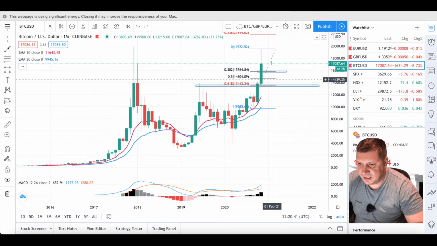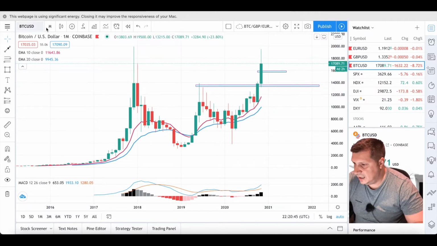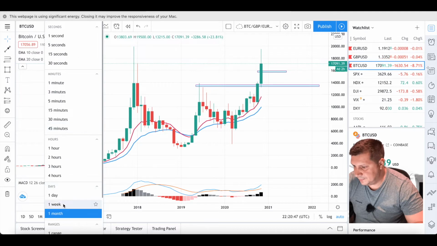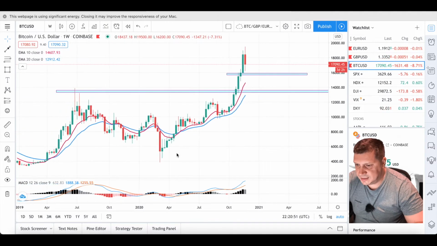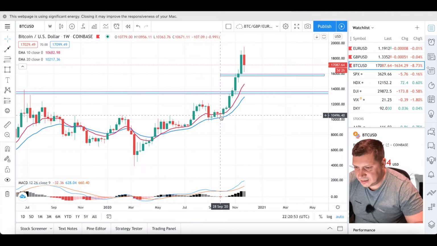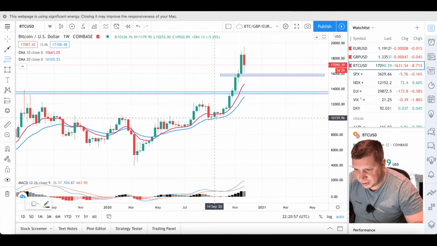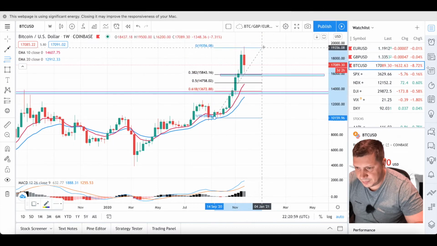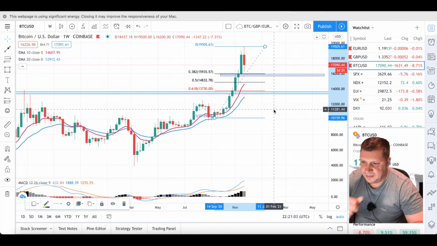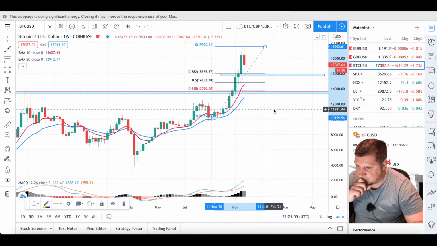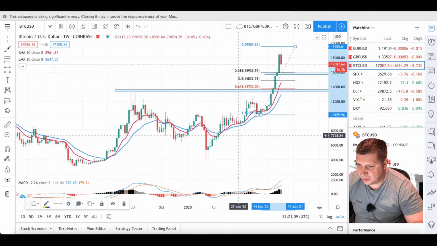Okay, this is monthly. Let's remove this Fibonacci. Let's go to weekly. On a weekly chart, what we can see is that our last impulse started from this point. So let's stretch Fibonacci right here, going all the way up, and now we see that it is actually matching our monthly, right?